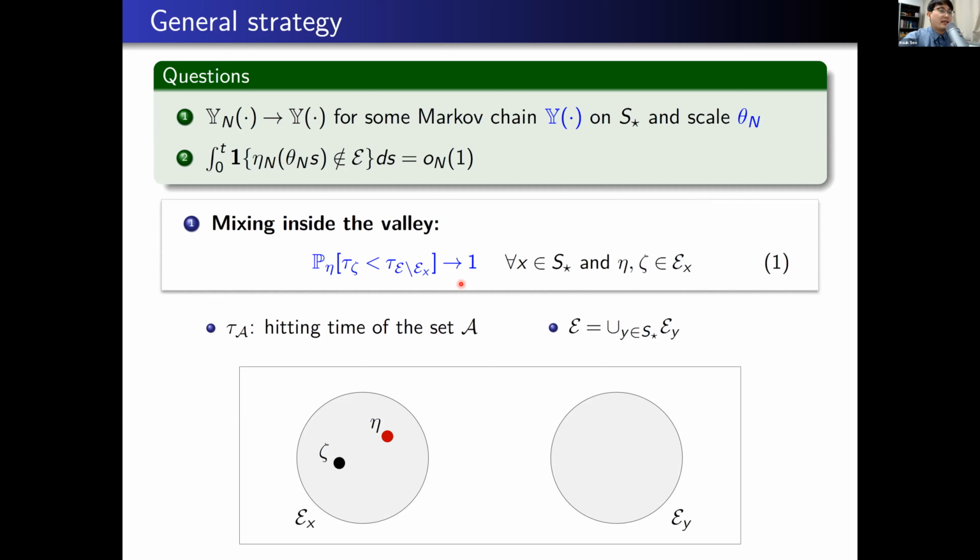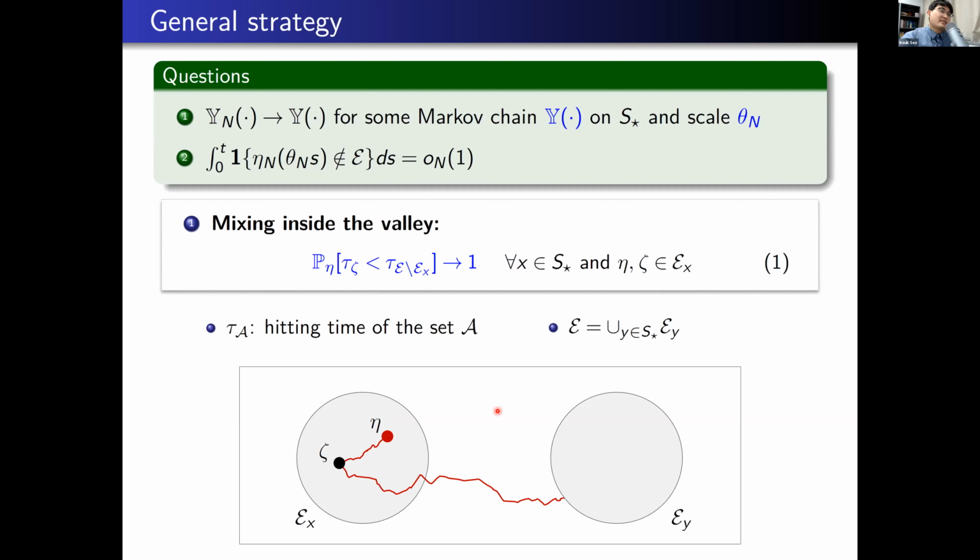This estimate says that if you start from a metastable configuration in the metastable set E_x, then you hit the configuration zeta before reaching other valleys. Here, E minus E_x denotes the set of the other valleys. By showing this, you can say that you hit almost every point here before leaving this valley, which implies that you forget the starting location when you leave this valley. So this provides an extremely strong sense of mixing for this metastable process.